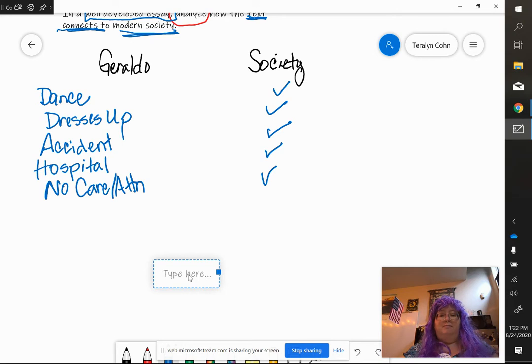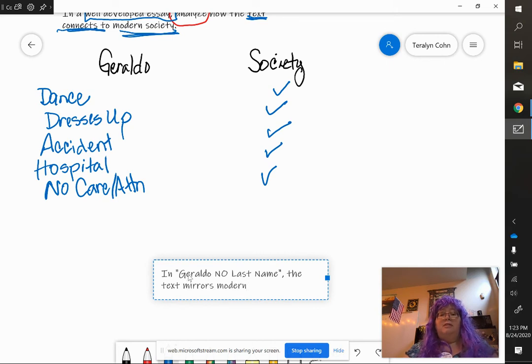So in Geraldo, okay, remember, the text connects, or how about instead of connecting, maybe it mirrors modern society with the events of the dance, car accident, and poor treatment at the hospital.